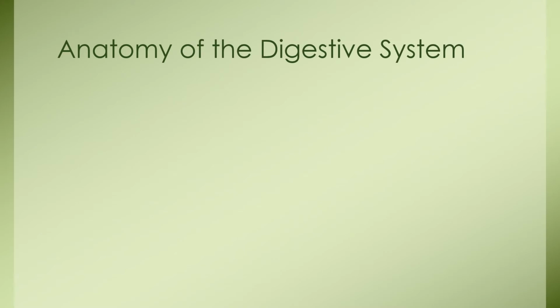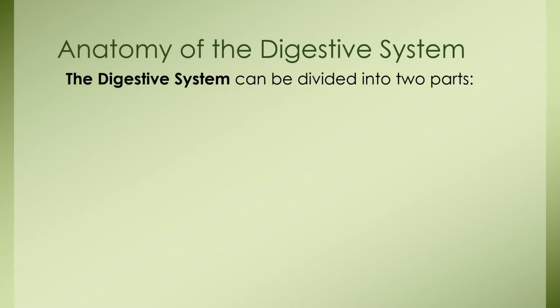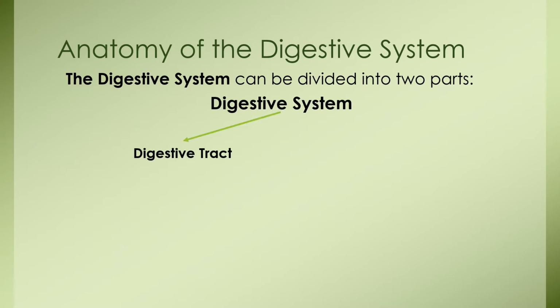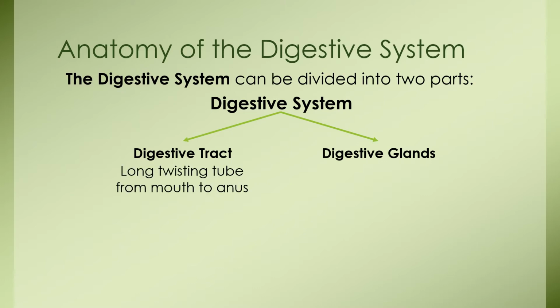So first let's look at the anatomy. The anatomy of the digestive system is divided in two parts. First is the digestive tract and the other one is the digestive glands. So the digestive system has two main parts, digestive tract and digestive glands.